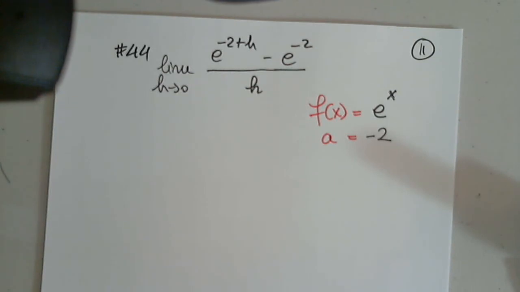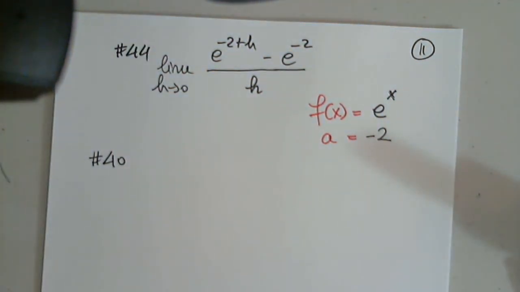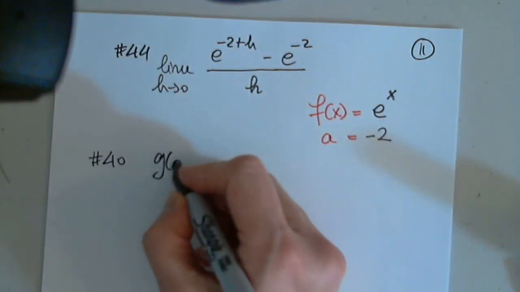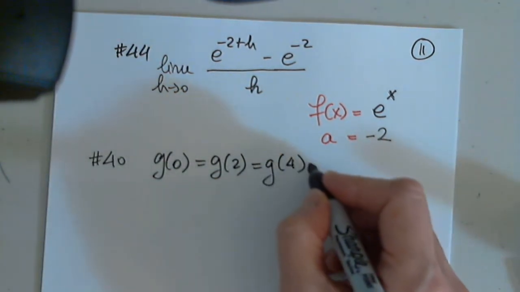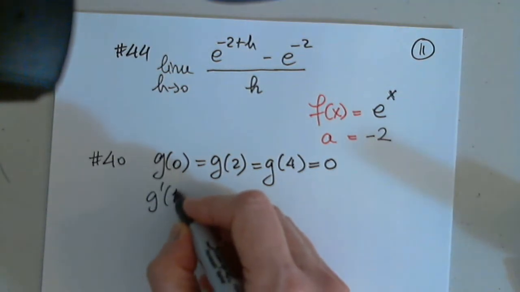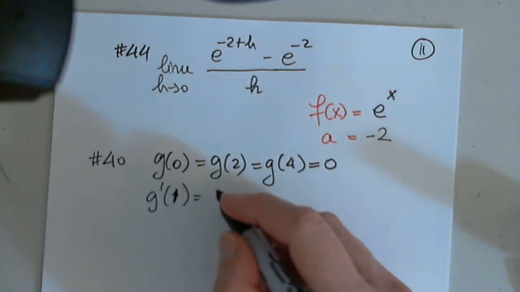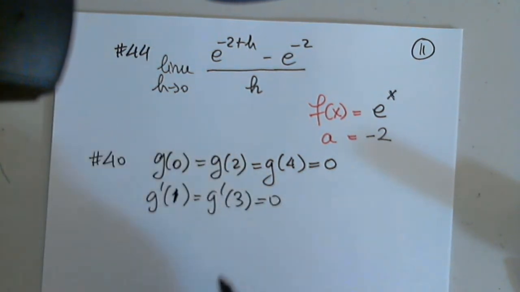Okay. I would like to work on problem 40. Sketch the graph of a function g for which g of 0 equals g of 2 equals g of 4 equals 0. G prime of 1 equals g prime of 3 equals 0.